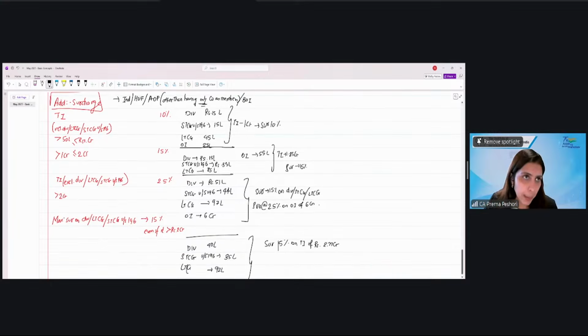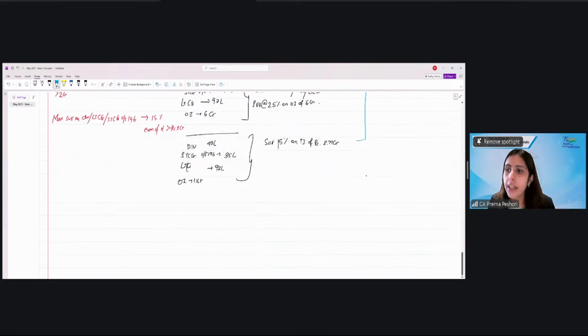This is entirely the same up till here. There is just one addition over here. What is the addition? Where the total income, excluding the dividend, LTCG, STCG under 196, is greater than 5 crore.